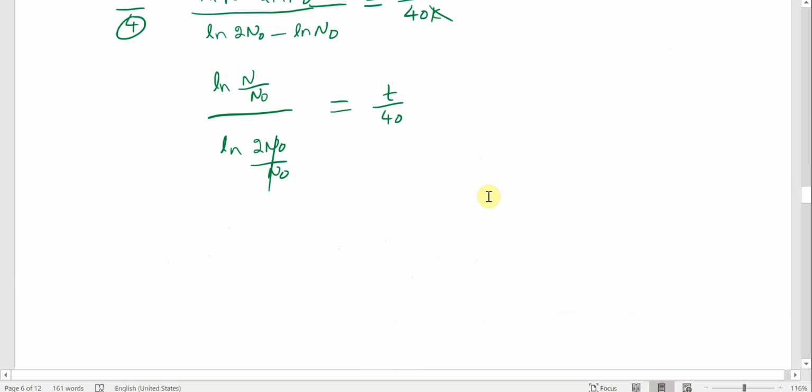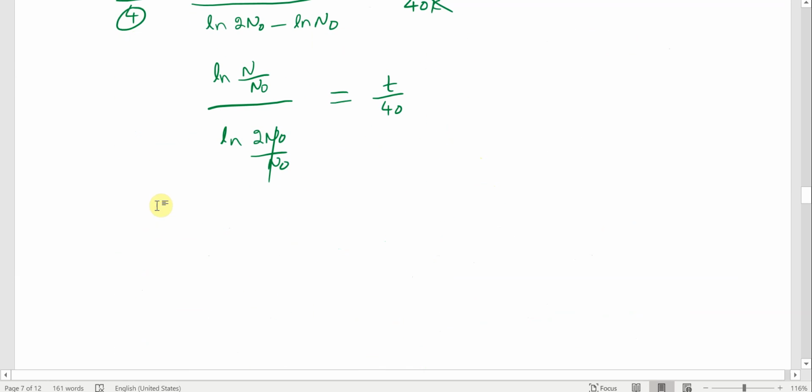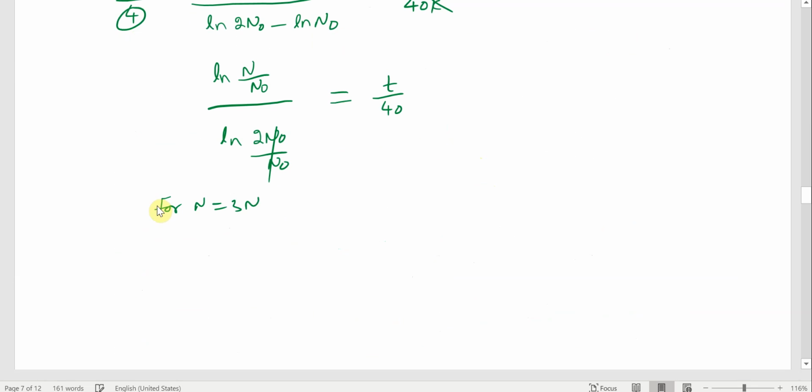So clearly here it is given that for n equals 3n naught, for triple, how much time is required. So let us write this n as 3n naught. So ln 3n naught divided by ln 2 equals t over 40.